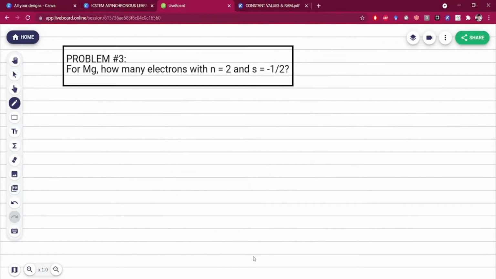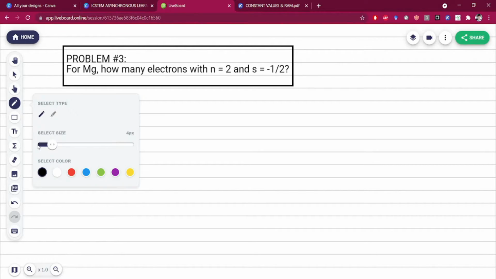Now, let's have a look at another situation. This time you have 2 things you need to consider. Just now in problem number 1 and problem number 2, you only needed to consider one quantum number.